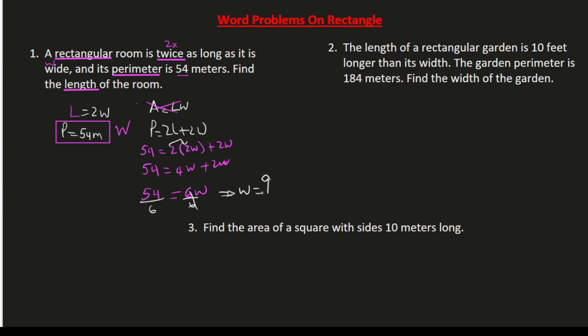But I'm not going to circle 9 because W is not the answer they asked. The answer is the length. But remember, the length is equal to twice W. So I need 2 times W to find the length. If W is equal to 9, this implies the length is equal to 2 times 9, and the length is equal to 18 meters.